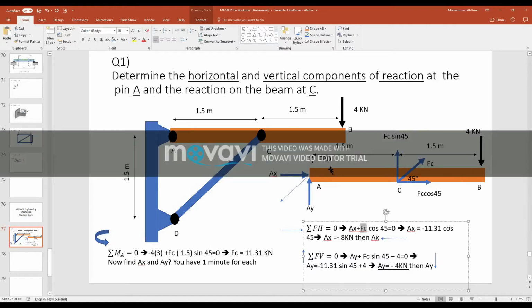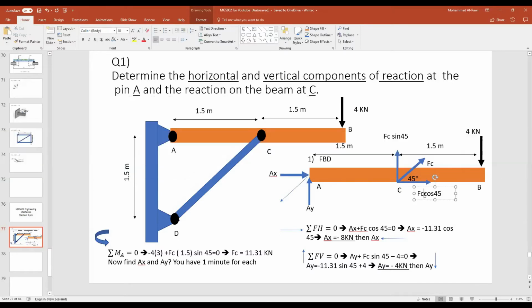Therefore, if I take the moment around point A, I can find the value of FC with respect to that moment. FC cosine 45 will be 0 because it's passing through point A, the line of action of the force.